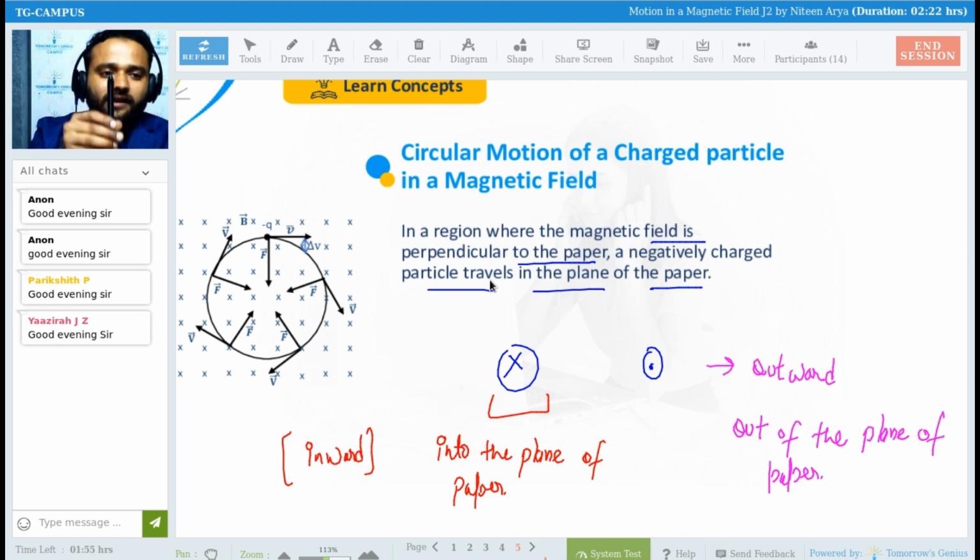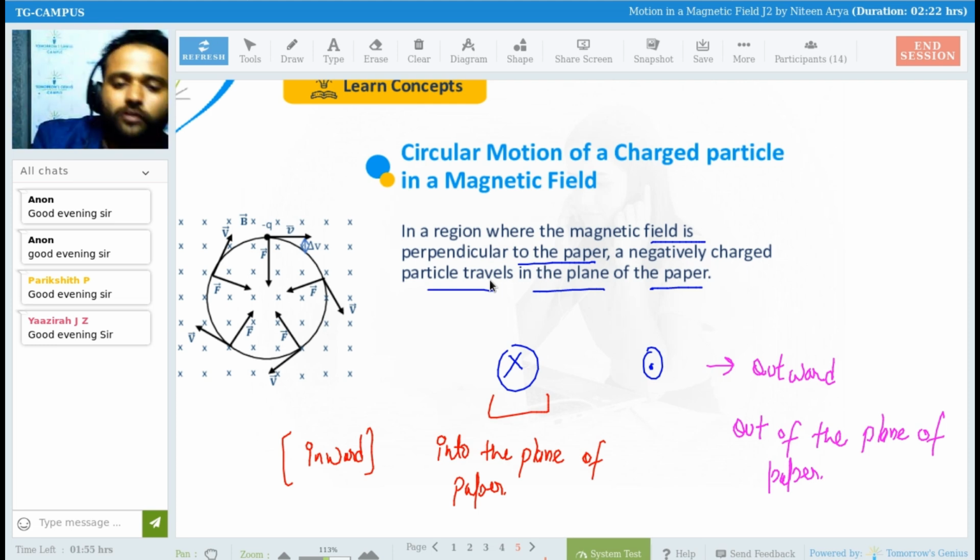So this nib going outward gives you the direction of the magnetic field. Get it, everyone? Outward is going out. If this palm of mine is the paper, and this nib is coming inside, that is inward. Cross is inward, dot is outward.